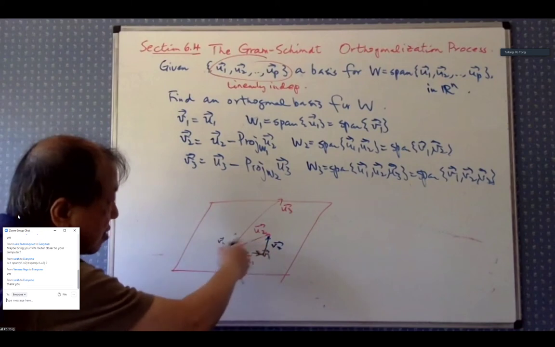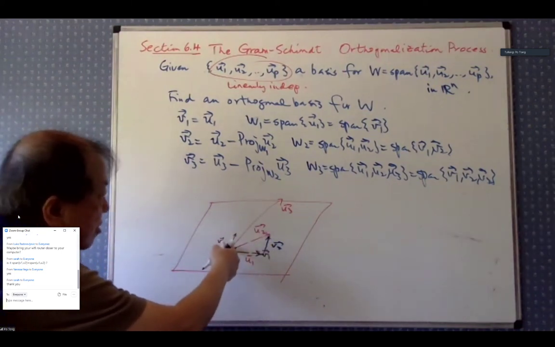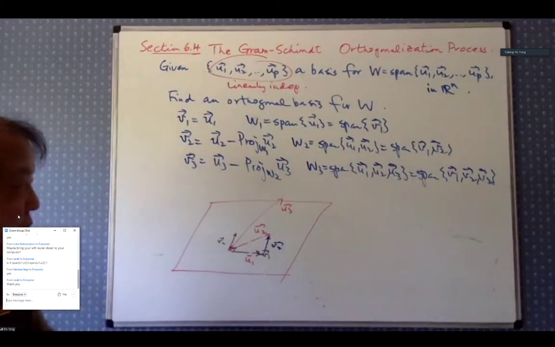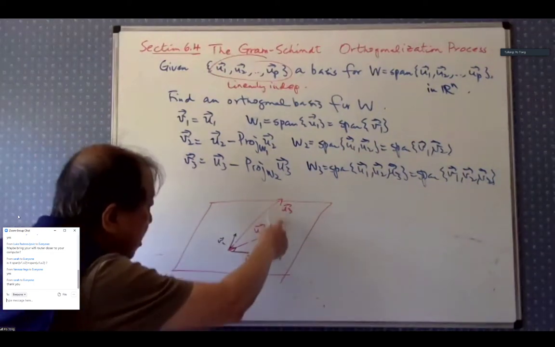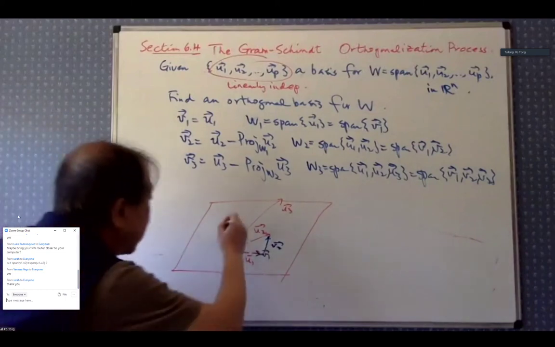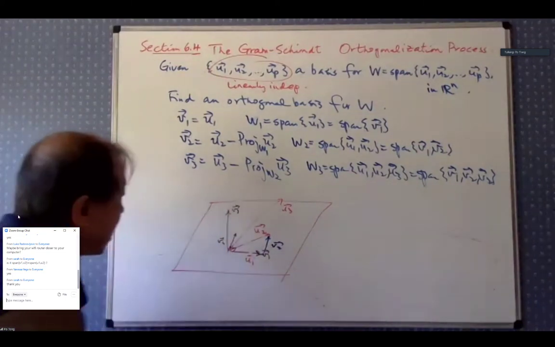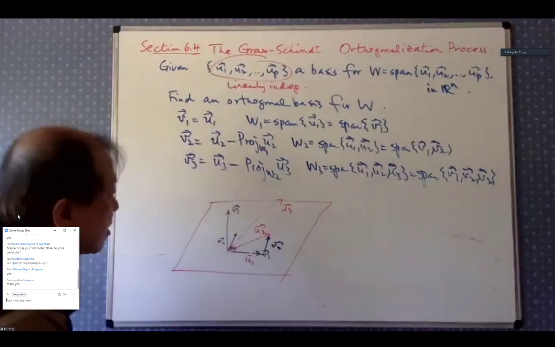It's this guy to here, but these two are parallel. For the third one, you drop a perpendicular of this guy onto here, and then you end up with something over here, which is V3. And now V1, V2, V3 are all perpendicular.